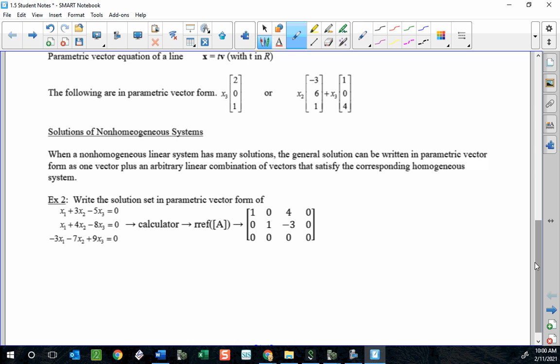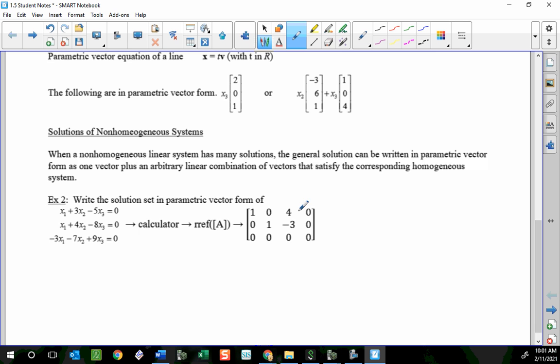A non-homogeneous linear system means it doesn't have all zeros at the end. When it has many solutions, the general solutions can be written in parametric vector form as one vector plus an arbitrary linear combination of vectors, like I showed you earlier. We're going to do that right down here.